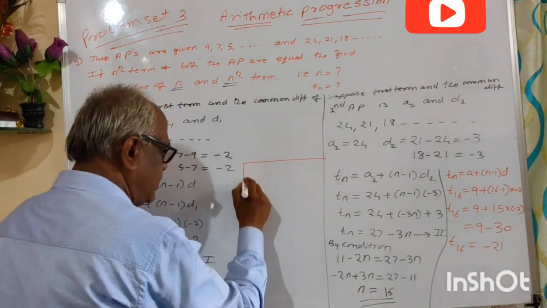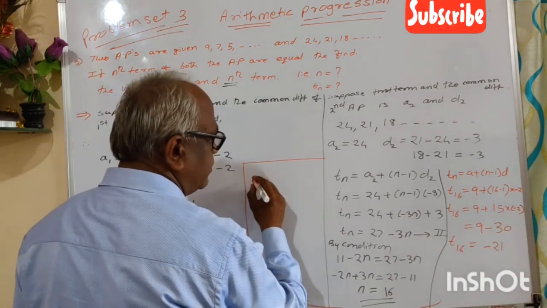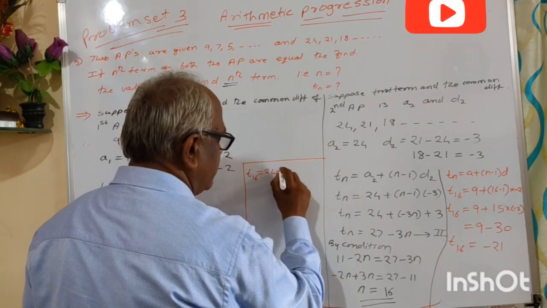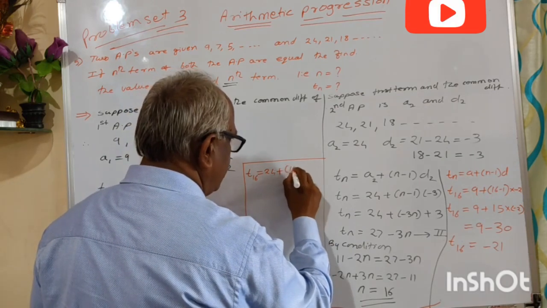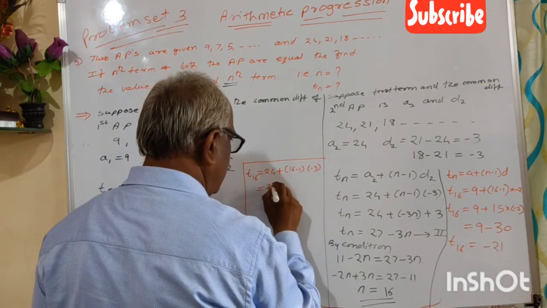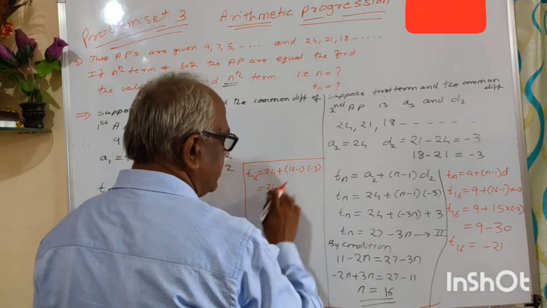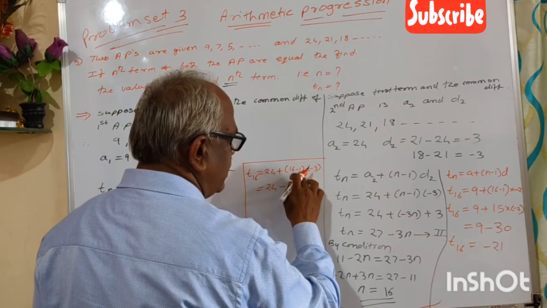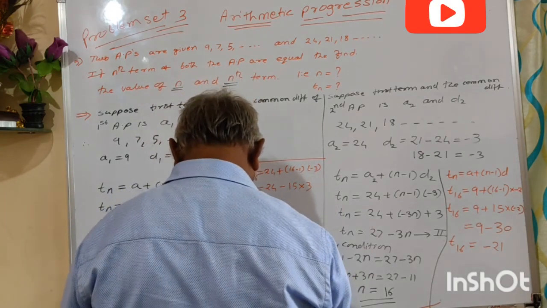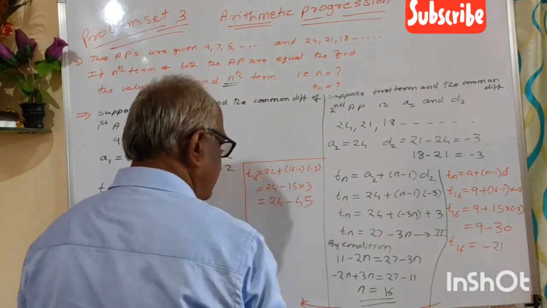Now T16 is equal to A value is 24 plus (16 minus 1) into D, which is minus 3, which is equal to 24 plus minus 15 into 3, which is equal to 24 minus 15 threes are 45.